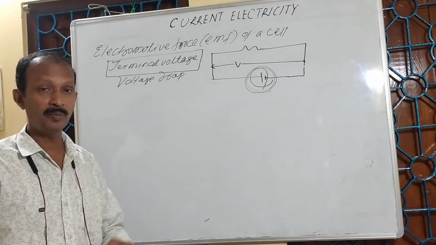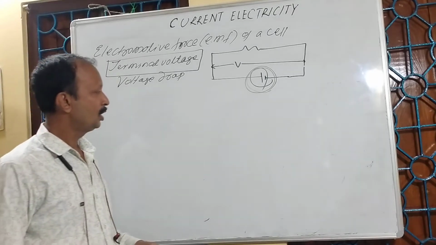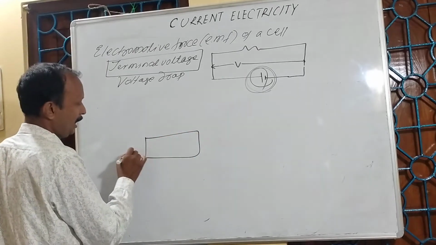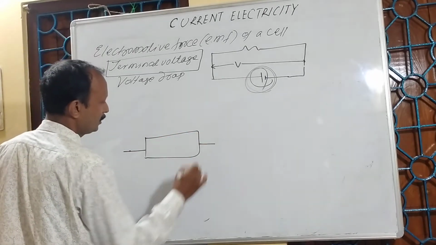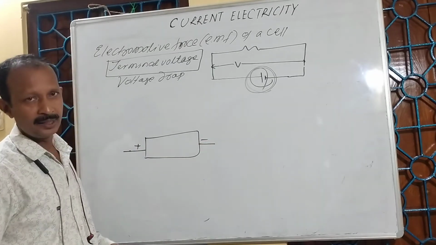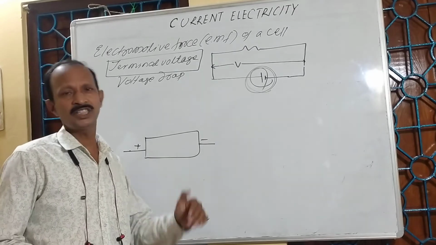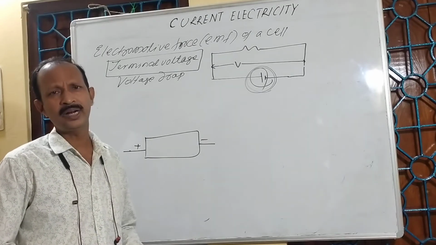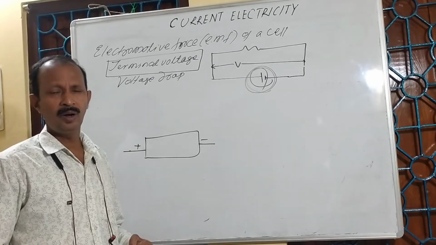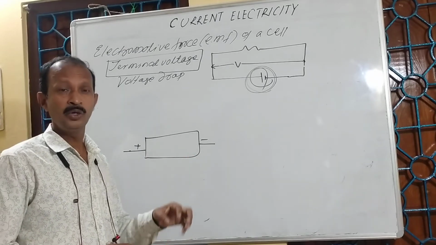How is it more than the terminal voltage? Because, suppose this is the cell, one is positive end, one is negative end. This cell we are charging by supplying the current.